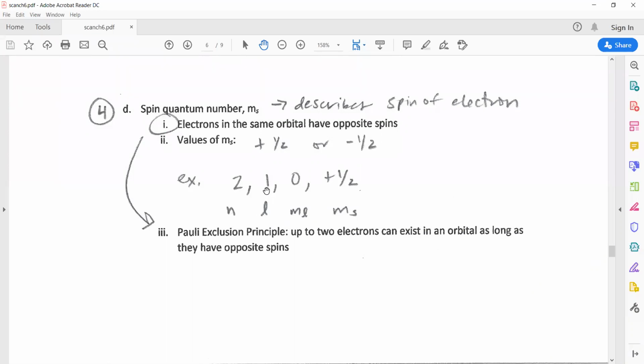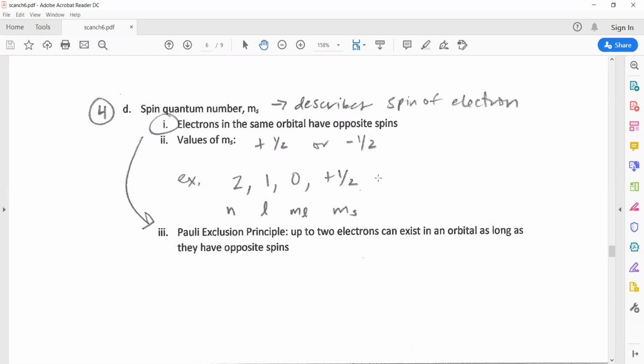L is 1, that means I'm a p orbital, because that gives me my shape. 0 gives me my orientation, it's just saying I'm one of the p orbitals available. And the +1/2 says I am an electron that is found in that orbital that I just described, and I am spinning clockwise, which means there could be another electron that is 2, 1, 0, and -1/2.